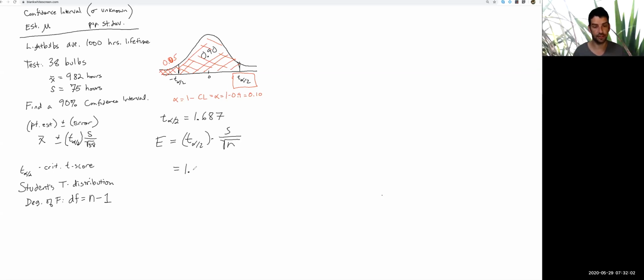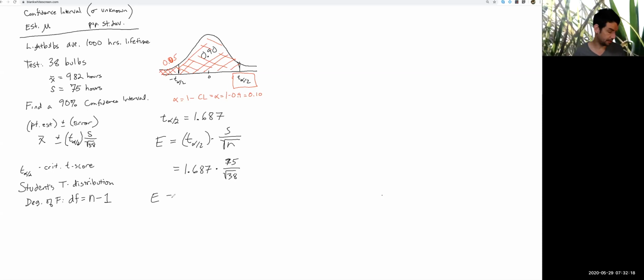So in this case, it's 1.687 times, what did we say, 75. That was our standard deviation for the sample, divided by the square root of 38. And this came out to be an error of 20.5.